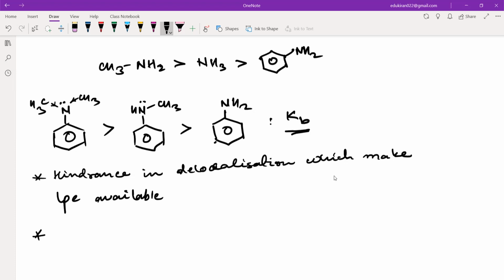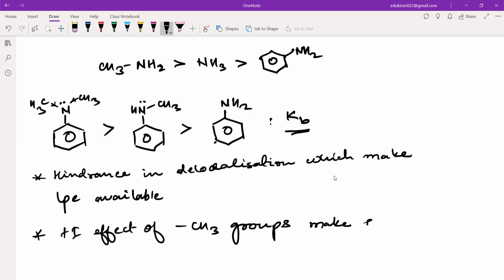Second, the plus I effect of CH3 groups makes sharing easy. Remember this.